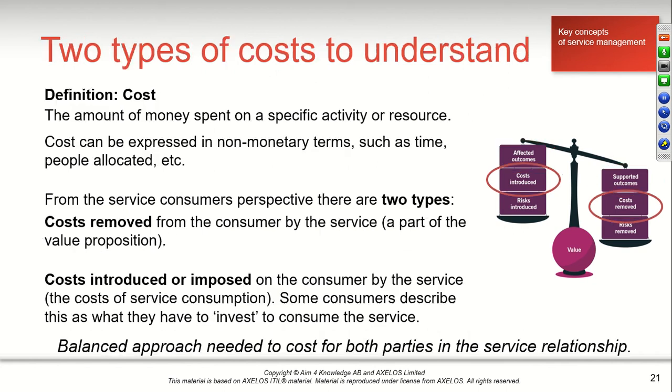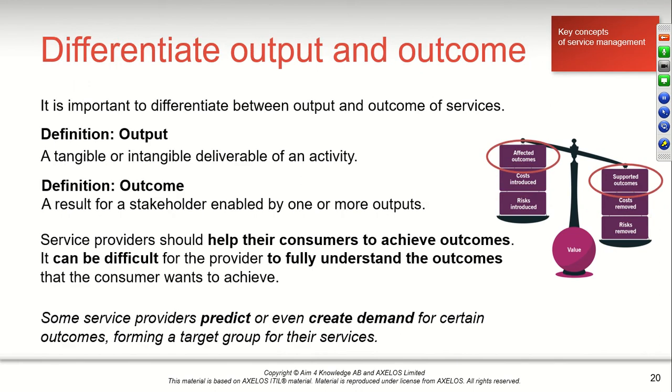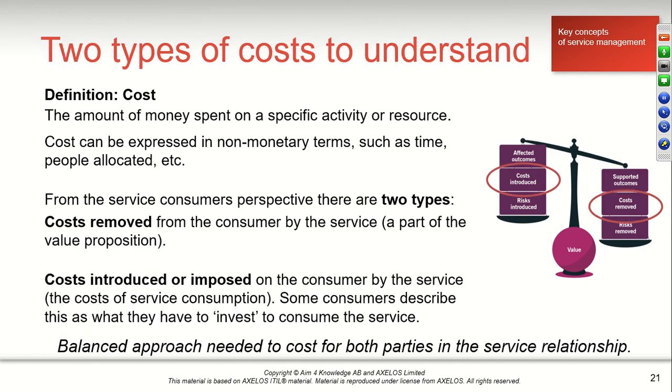Okay, and then we talk about types of costs, two types of cost. From the point of view of the consumer, and the consumer here can also be a stakeholder, we have outcome supported and outcome affected. Also, from the side of the consumer, we have two types of cost: cost removed and cost introduced.